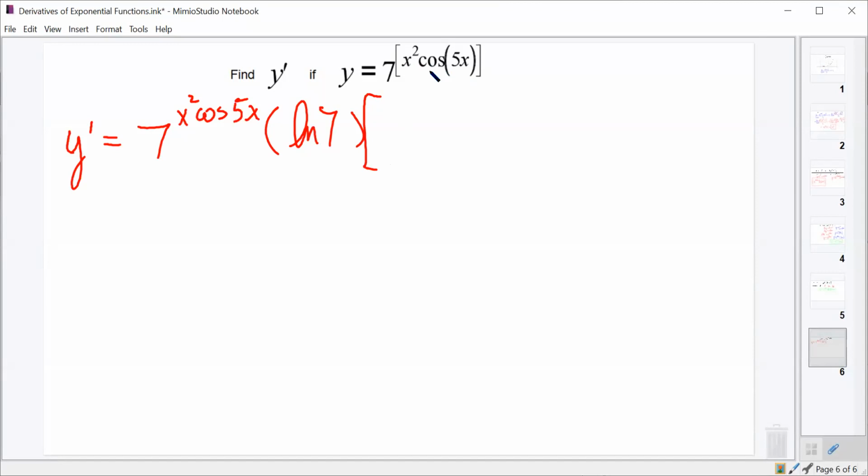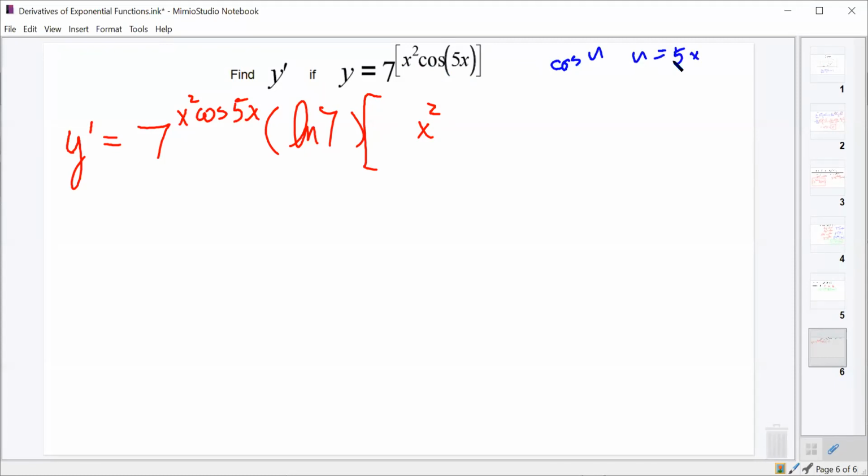And how are we going to find the derivative of x squared cosine 5x? Product rule. So we'll have x squared times the derivative of cosine 5x. How do we find the derivative of cosine 5x? That should be cosine u, chain rule, exactly, with u equal to 5x.